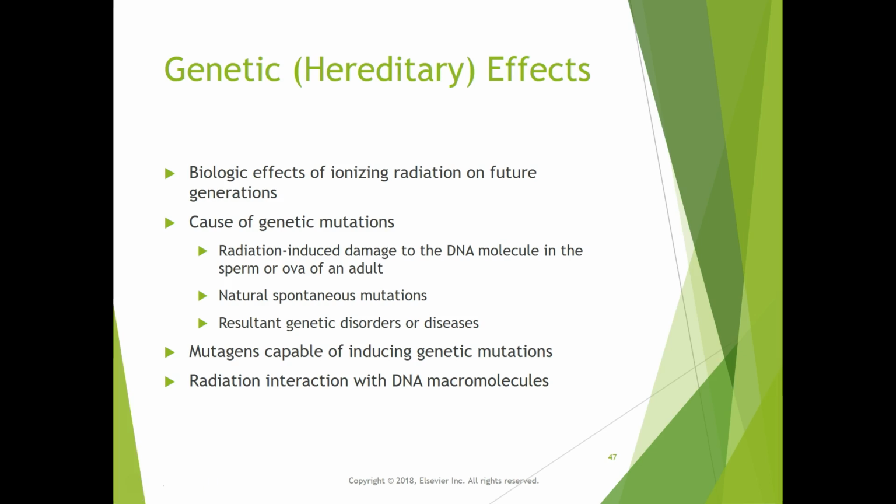In fact, in humans, a hereditary disorder is present in approximately 10% of all live births in the United States. Certain agents can increase the frequency of mutations, and one of them is ionizing radiation. Two others are viruses and specific chemicals, which are called mutagens. Ionizing radiation is one of the most effective mutagens known.